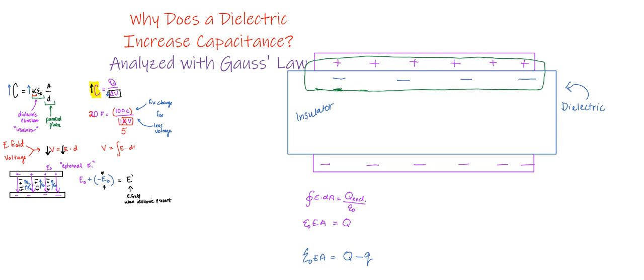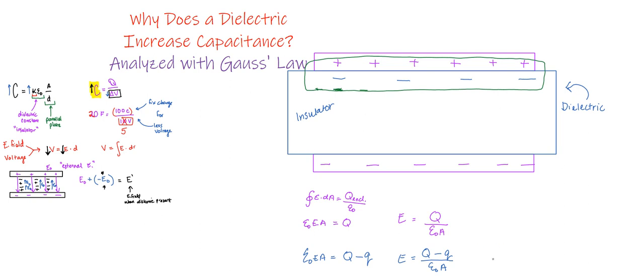Okay, so the original electric field could be written as Q over epsilon naught A, but the new electric field, when the dielectric is added, would be the original Q on the plate minus the Q that is caused by the polarization, over epsilon naught A. So we can see that there's going to be a difference here, and this is going to be less than it was before. So it's showing that the electric field has decreased.